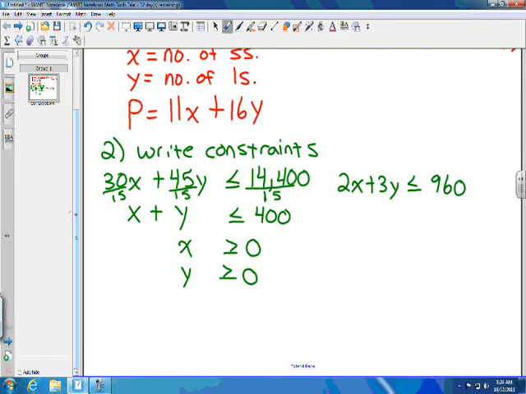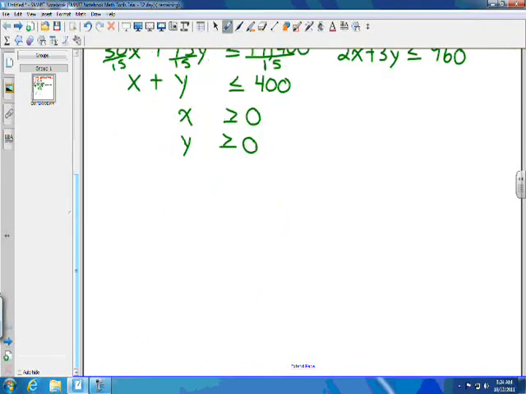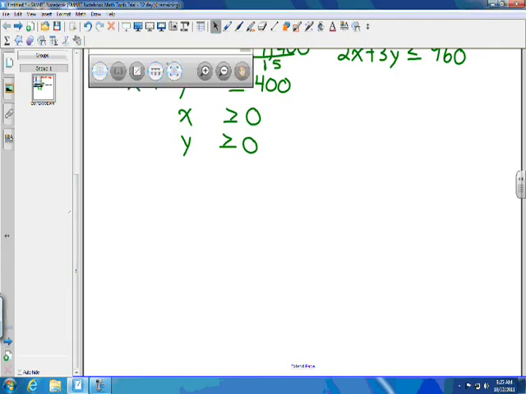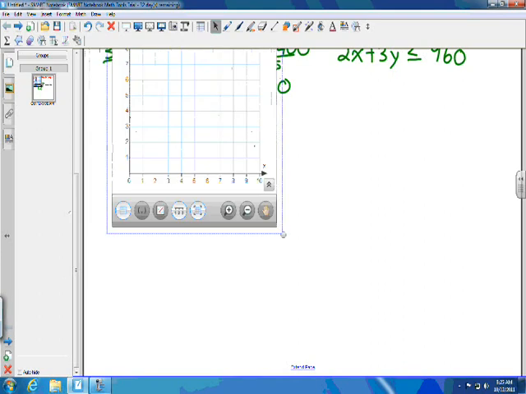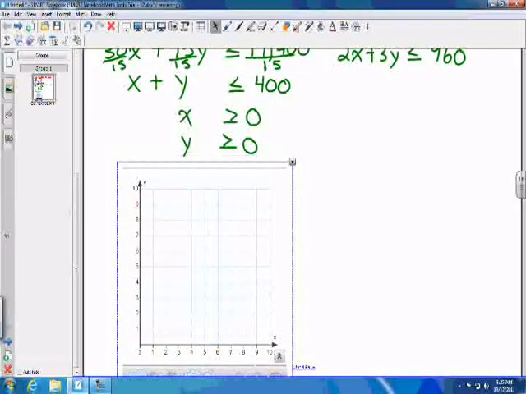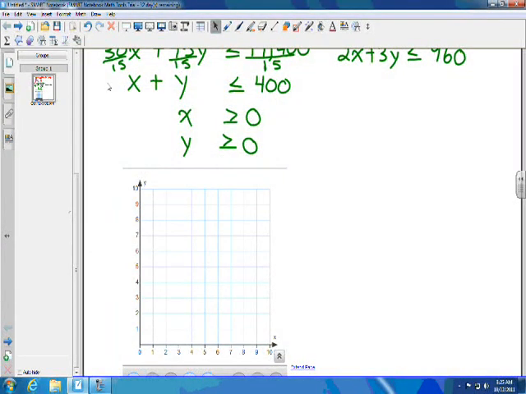So that's step 2, write those constraints. Step 3 is graph them, and you will need to label them or use colored pencils, either way. Now, you only need quadrant 1, because what did we just say?